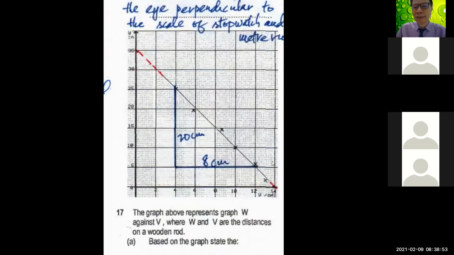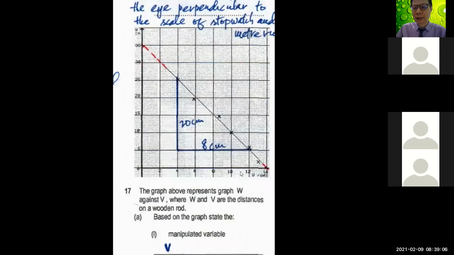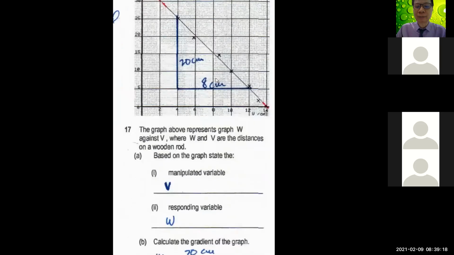You can see the graph is going down like this. Based on the graph, what is the manipulated variable? As you already know, the manipulated variable should be on the x-axis. So it's V here, manipulated. This is responding. So manipulated is V, responding is W. Very simple.